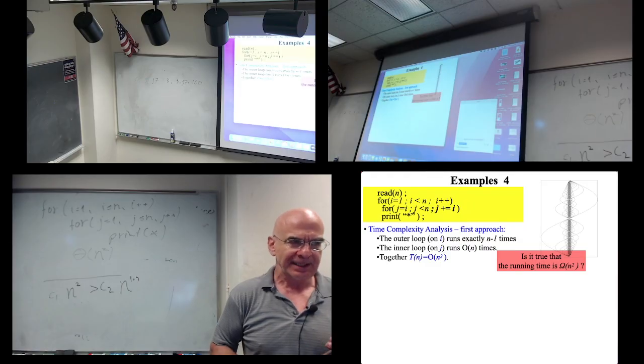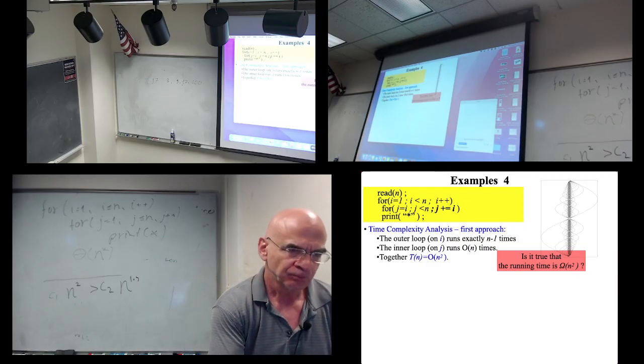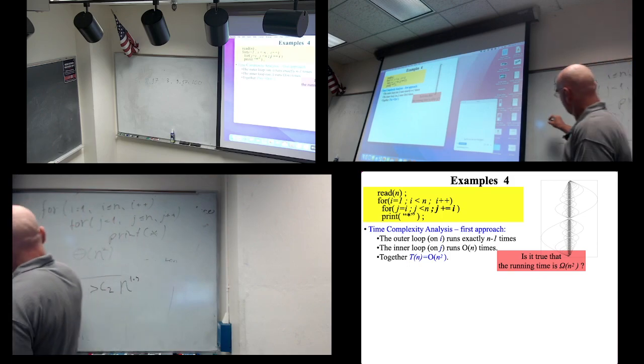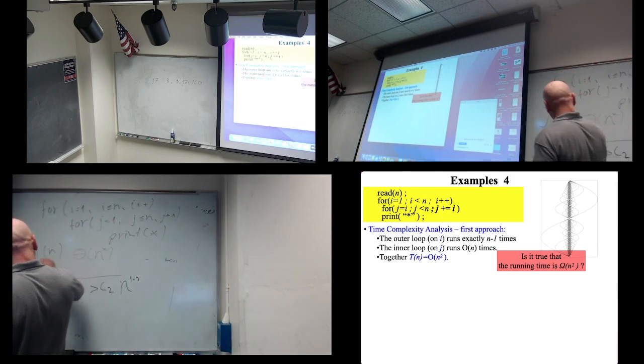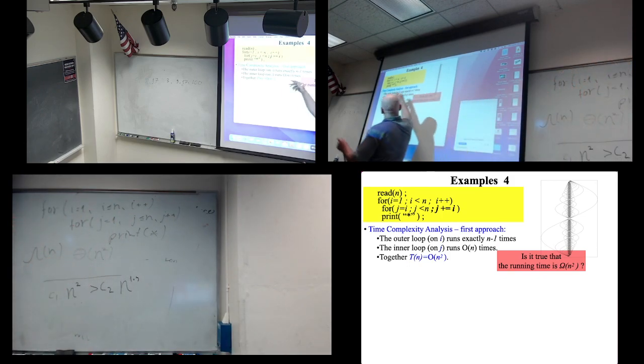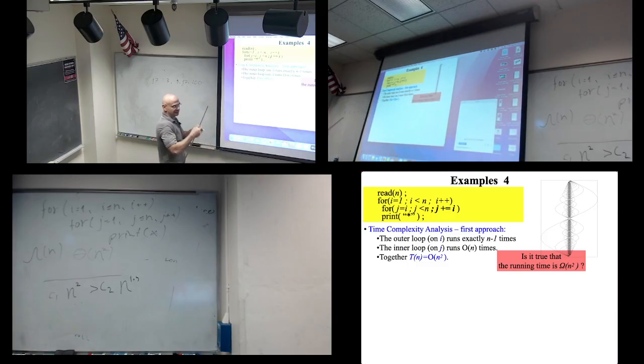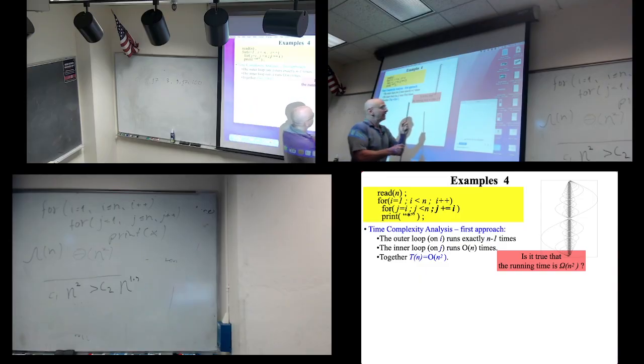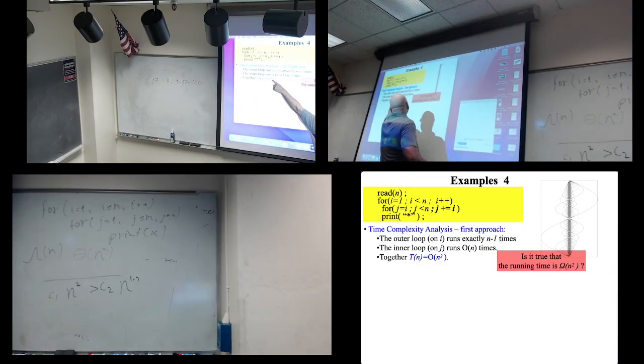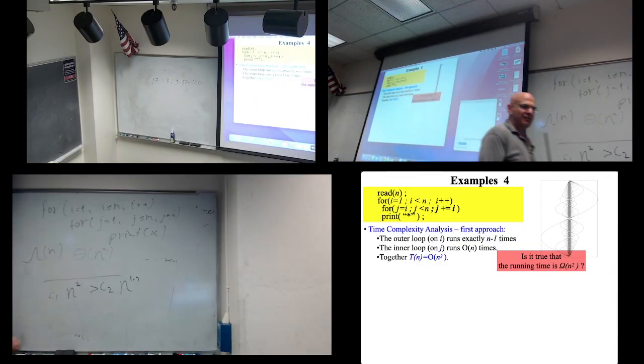It will take at least n time. I'm absolutely sure that it's at least omega of n, because just look at this inner loop when i equals 1. I'm running over j equals 1, 2, 3, all the way up to n. So it takes at least n time. As far as we know, it takes no more than n squared time, but it's somewhere in between.